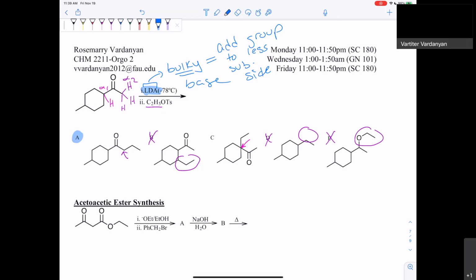So any questions about this one? So if I gave you NaOH or any other base, what answer would you pick? C, but since I gave you LDA, we're going to pick A. Yes.